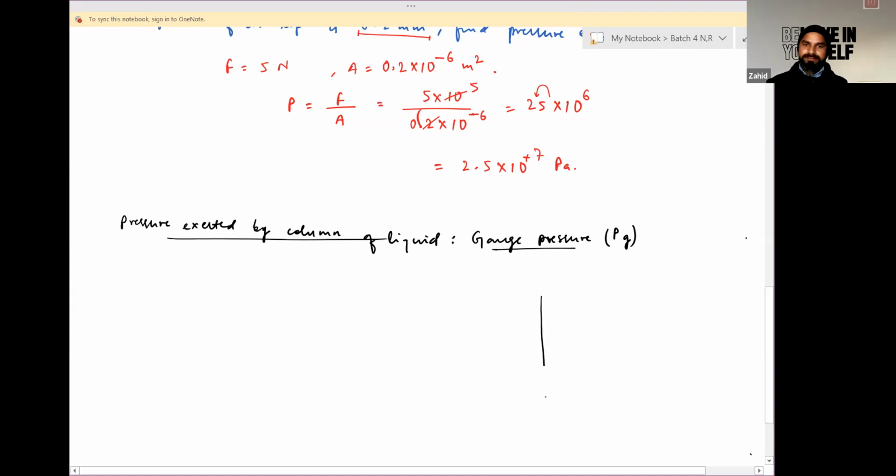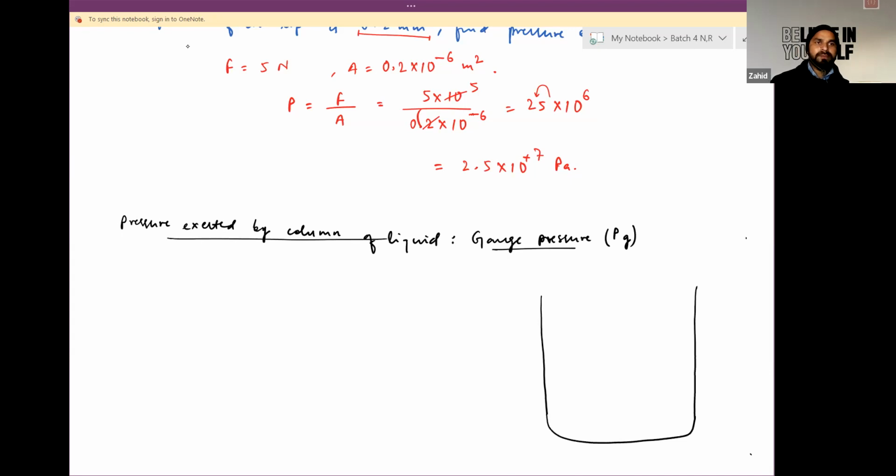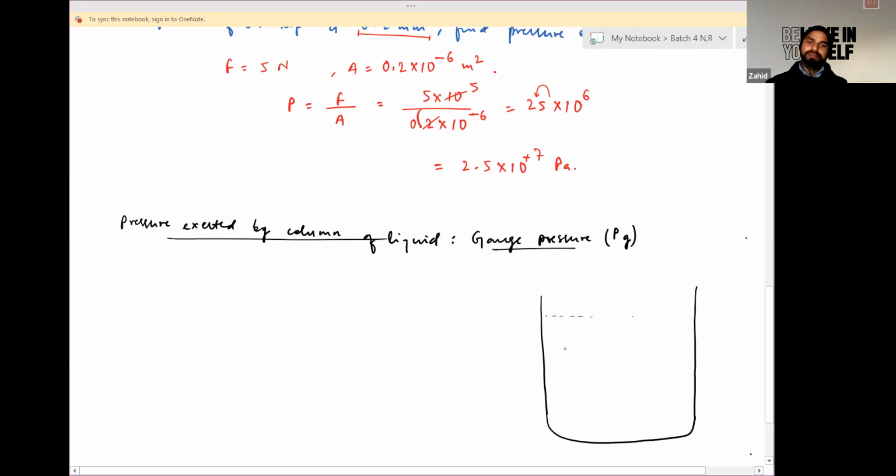Suppose you have container in which liquid having density rho is filled up to this point.